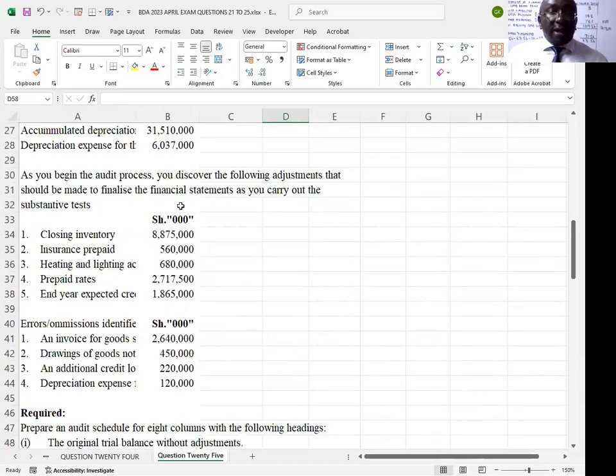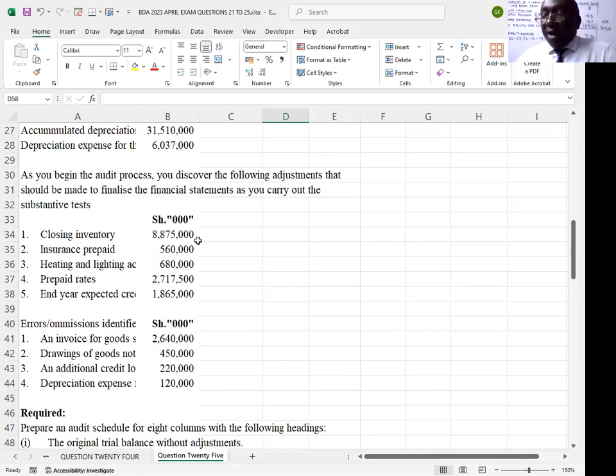As you begin the audit process, you discover the following adjustments that should be made to finalize the financial statements as you carry out the substantive tests. The closing inventory is this much.